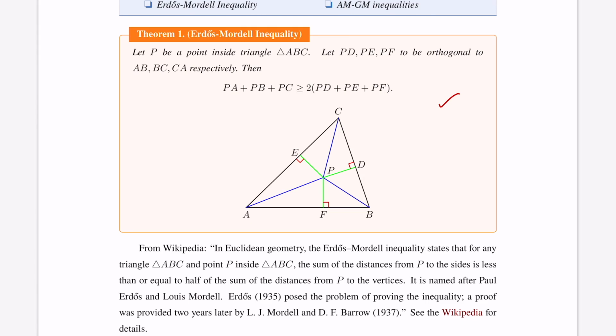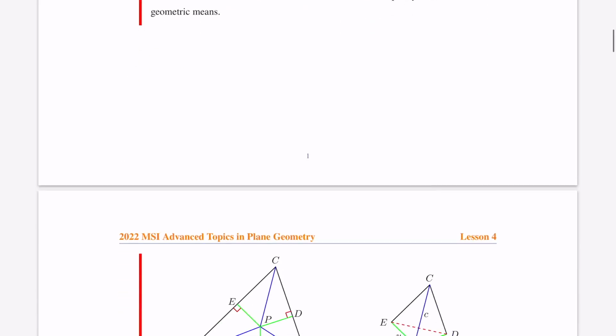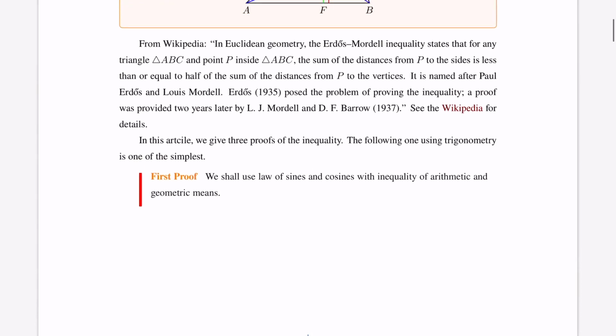I will provide three different proofs of this inequality. Each of them is very important, and you should digest the method. These methods are very useful, and they are important methods in geometry. For the first one, we will use the law of sines and the law of cosines.